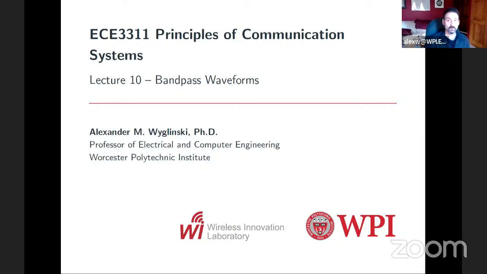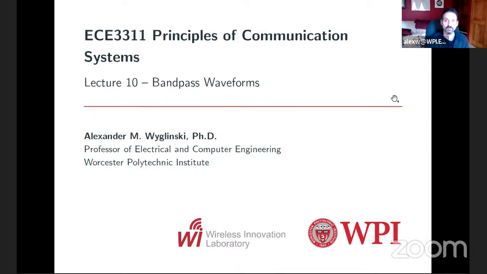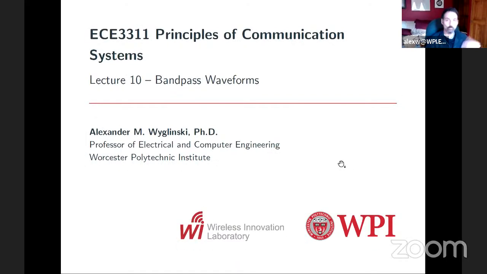Very excitingly, things like 5G or Wi-Fi, that operates using a passband waveform methodology. So before we continue, I do want to recap what we covered in lecture 9.